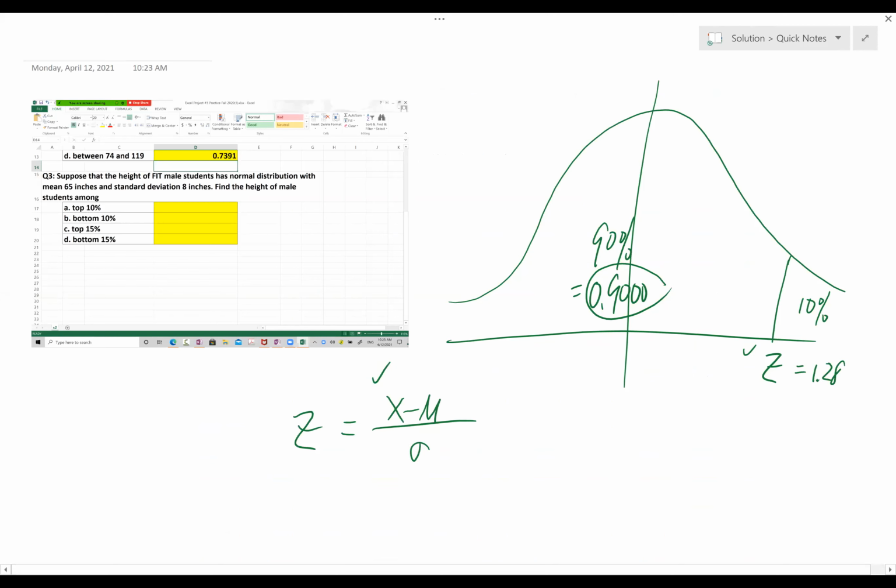X is the only thing we don't know. We know the z-score is 1.28, the population mean mu is 65 inches, and the standard deviation is 8 inches. If you plug into the z-score formula, we'll be able to find the cutoff height separating the top 10% from the bottom 90%.